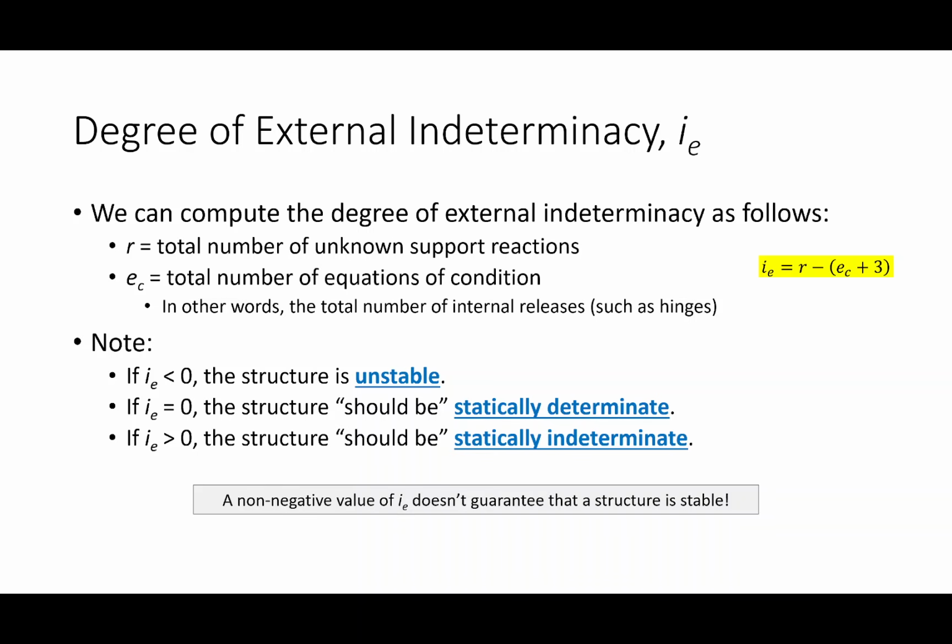We're going to have an internal indeterminacy for a truss, an internal indeterminacy for beams and frames and what have you. But for now, we're just looking externally at a structure. I've got this formula, but I'm going to give you a simple way of thinking about it.